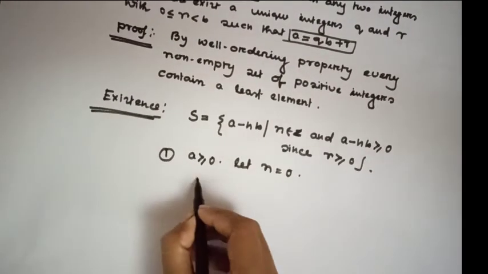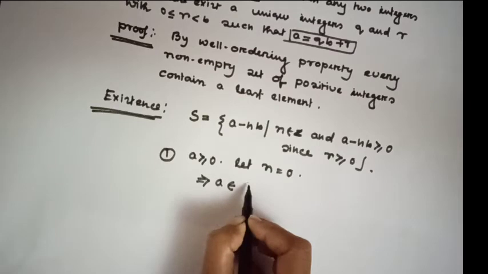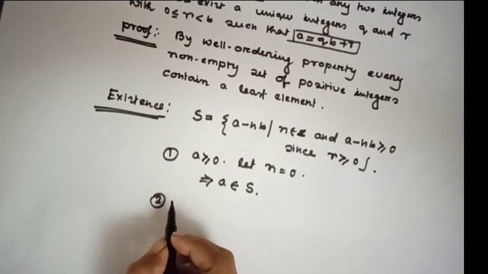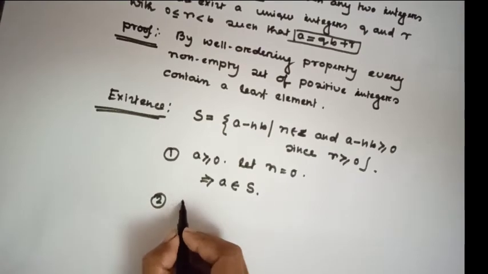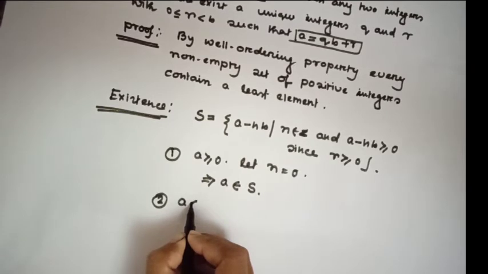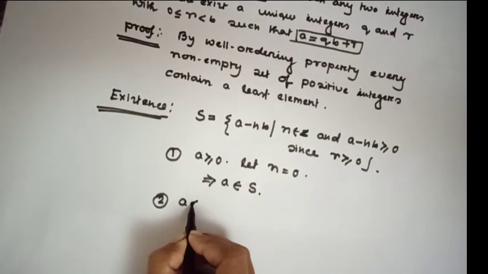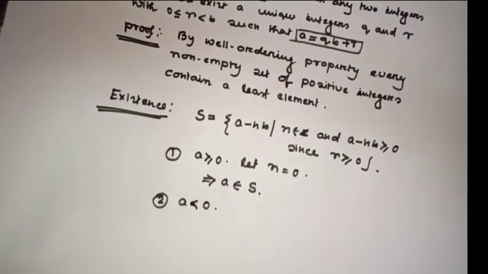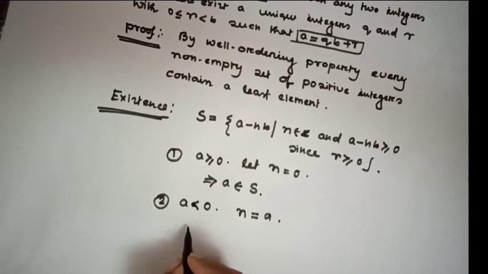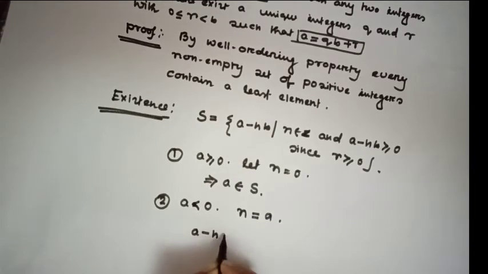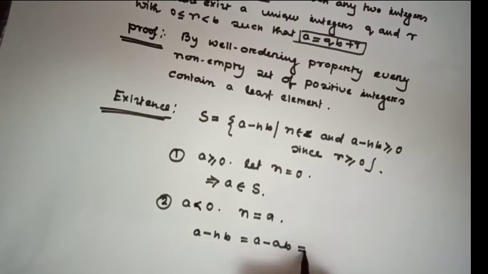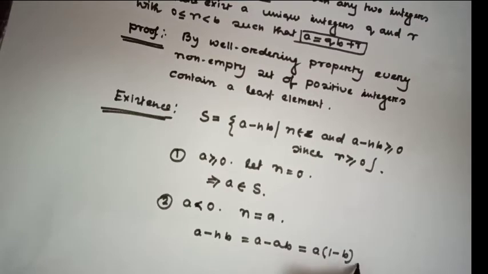Then that implies a also belongs to S. Second case, a strictly less than 0, and consider n equal to a. Then a minus nb equals a minus ab, which is equal to a times 1 minus b.